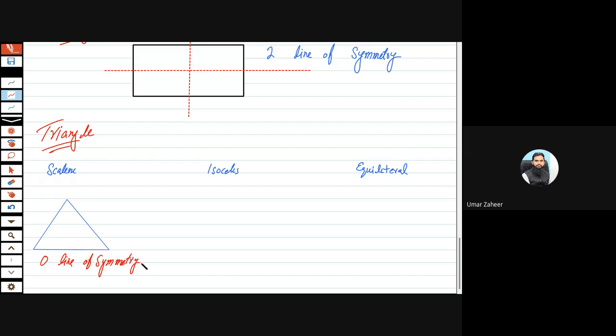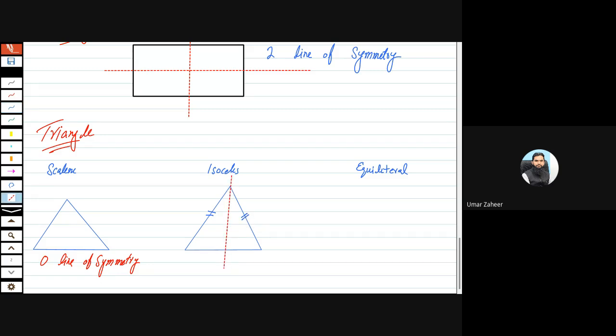Okay, isosceles is a triangle in which 2 sides are equal. Let's assume that these 2 sides are equal.